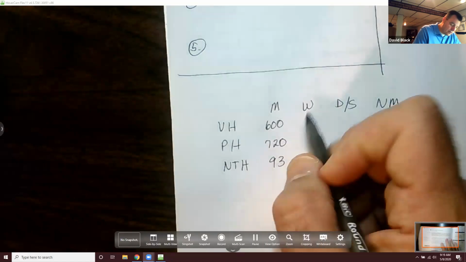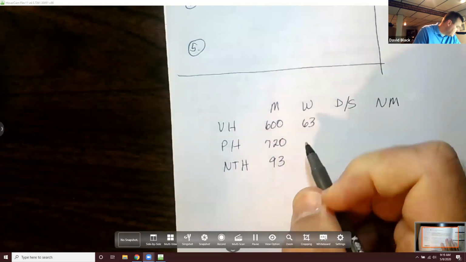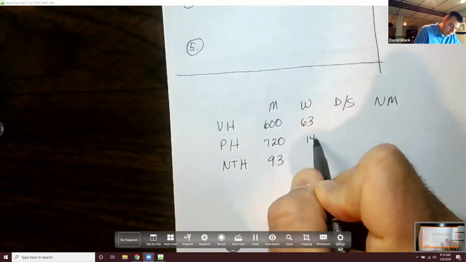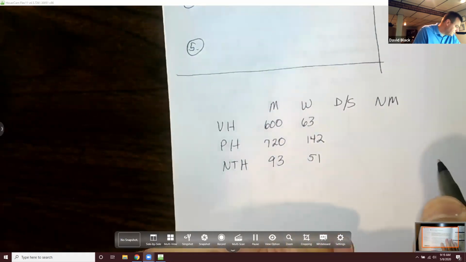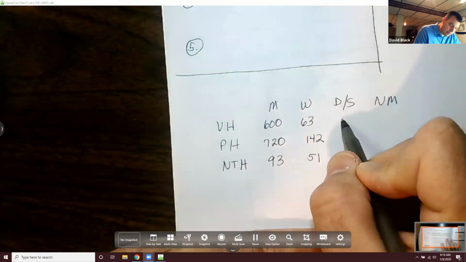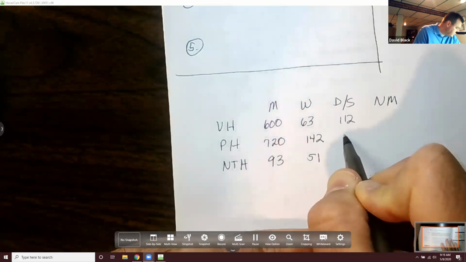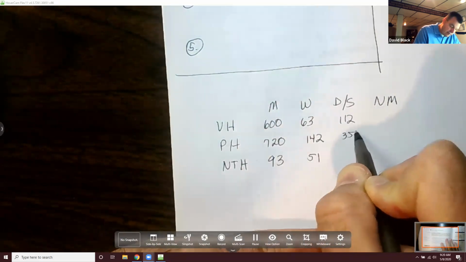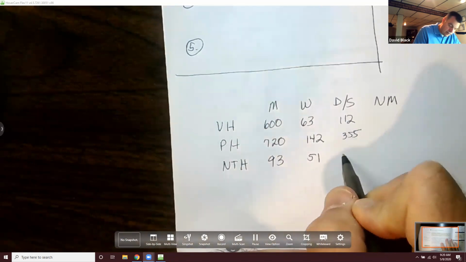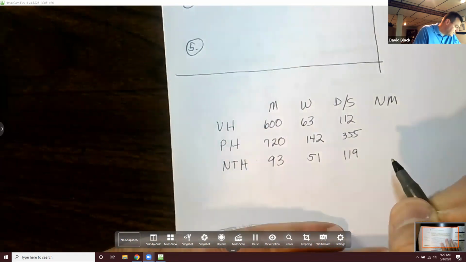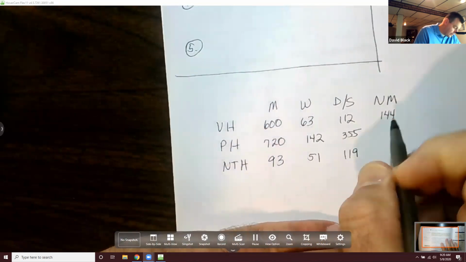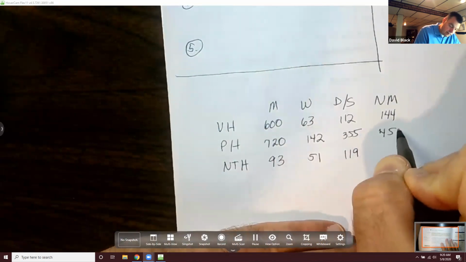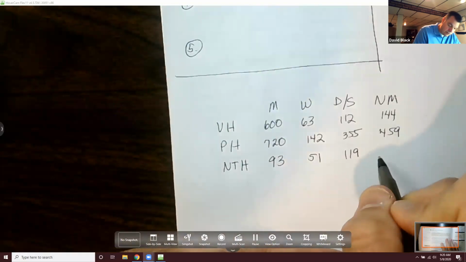So for widowed, the numbers were 63, 142, and 51. For divorced and separated, the numbers were 112, 355, and 119. And for never married were 144, 459, and 127.